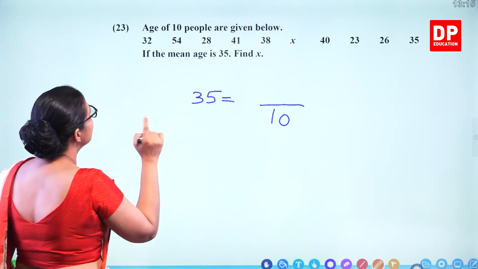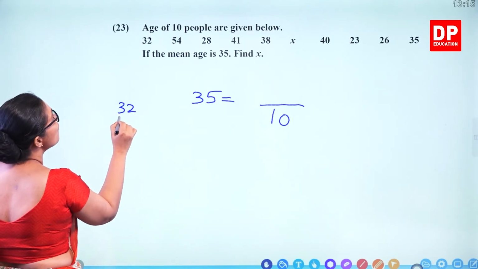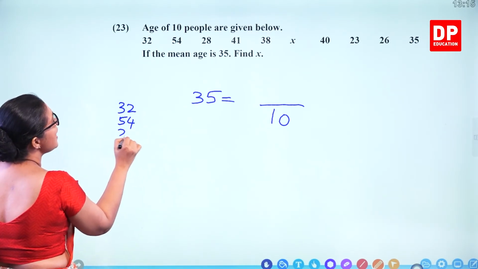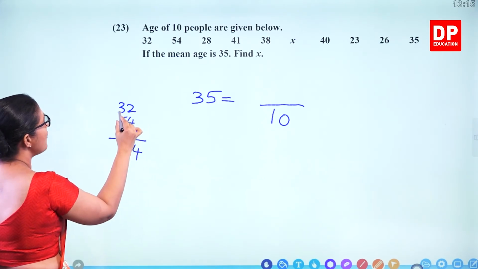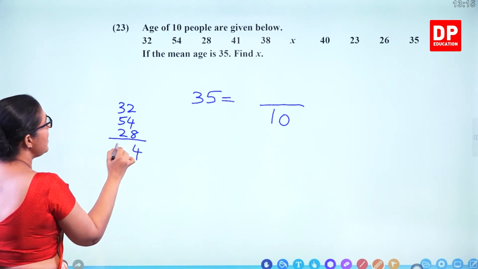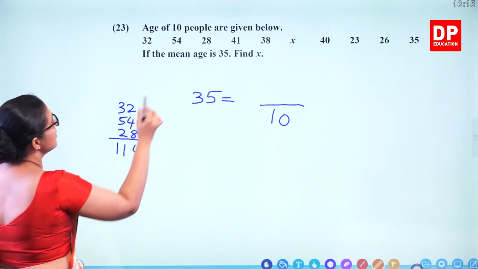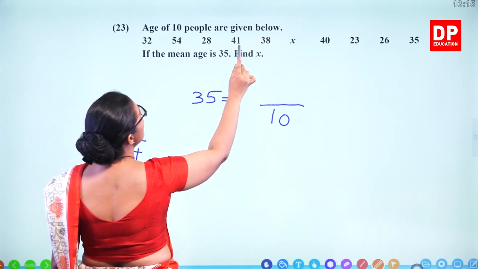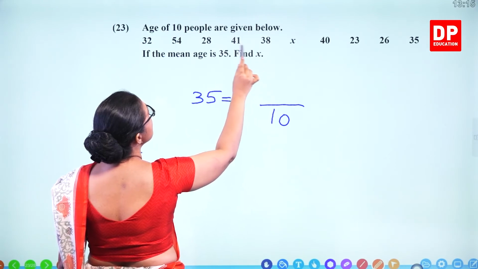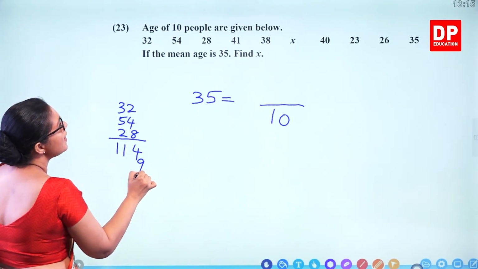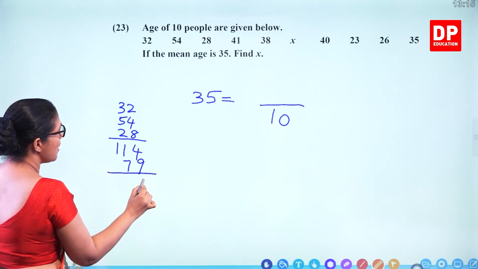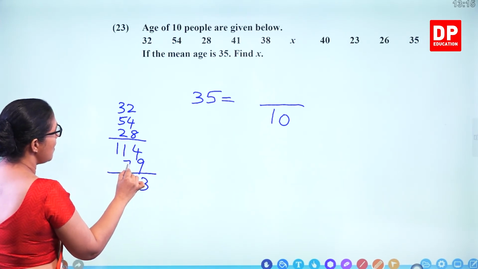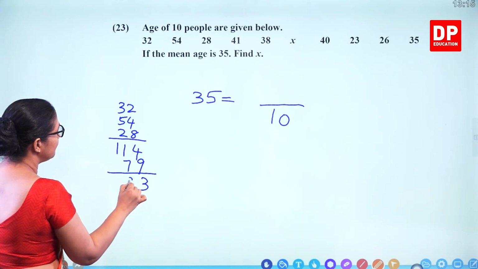So we'll add it. 32, 54, 28. We'll add 3. 10, 14, 1 remaining. 9, 11. These 3, okay. Then 41 and 38. 9 and 7, 79 we can add. 9 plus 4, 13, 1 remaining.